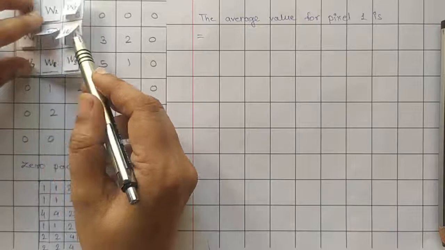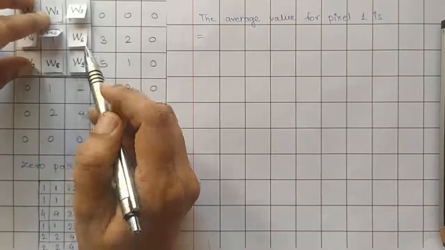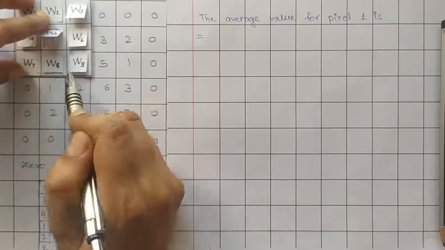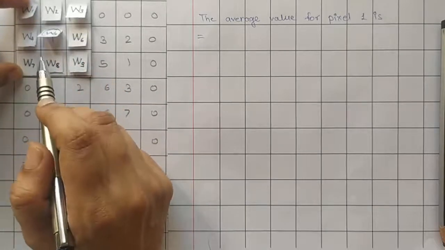Only W5, W6, W8 and W9 have some value, others are 0.